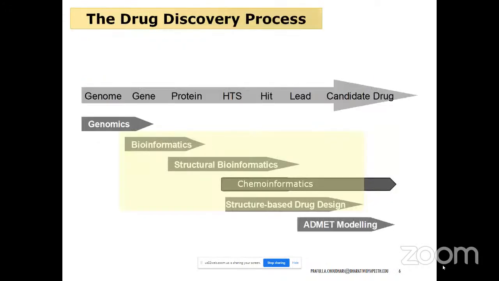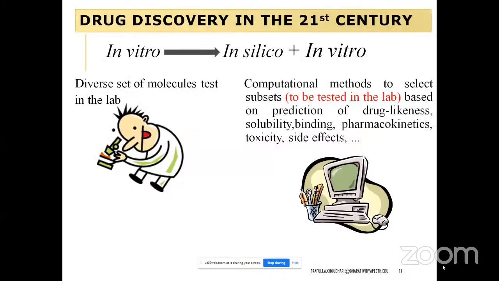Now, I think I will skip this slide, the overall process. Now, what happens in drug discovery of this 21st century? Here we can say that these computational methods are used to select the subset that is to be tested in the lab based on the prediction of drug likeness, solubility, binding, kinetics, and toxicity and side effects.